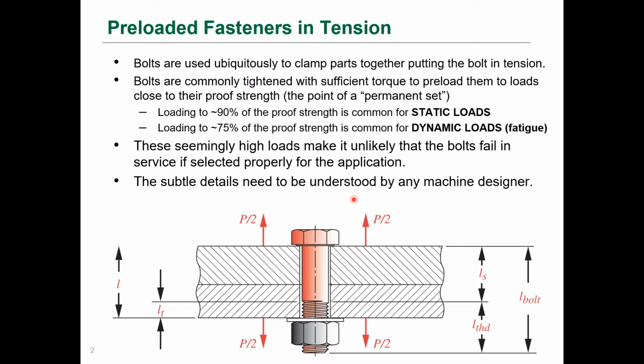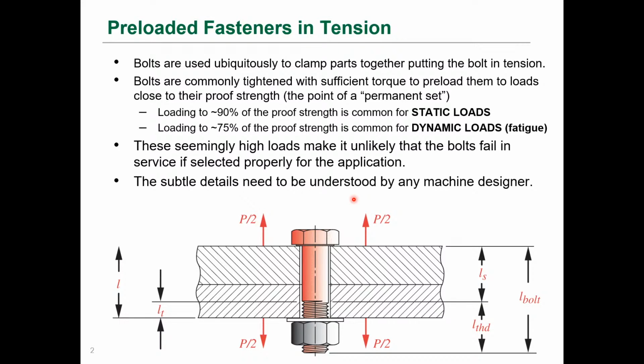And the proof strength of a bolt is about 90%. The proof strength is almost as large as the yield strength, but slightly larger. And it's the point where there's a permanent set, and that basically just means you've stretched the bolt and it's not going back to its original length.